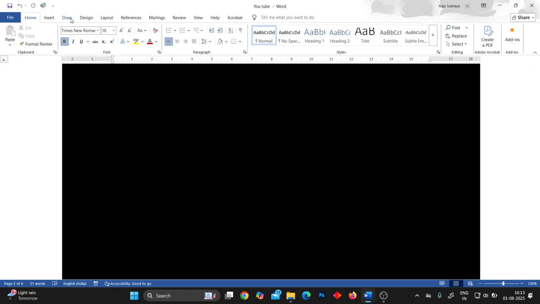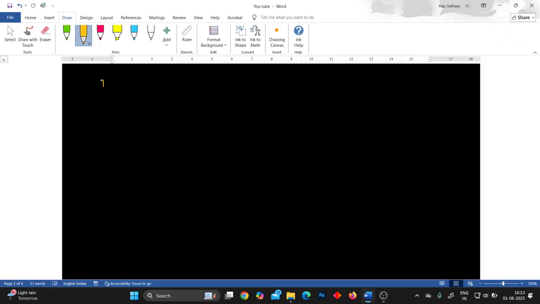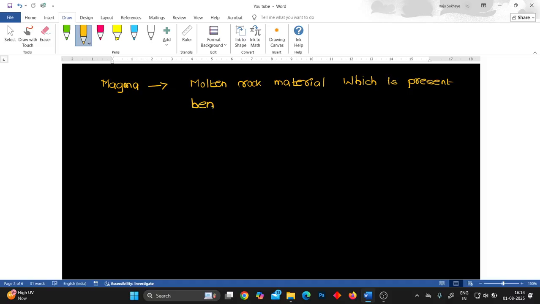So we'll be seeing what is magma. Magma I can define as a molten rock material which is present beneath the earth's surface.